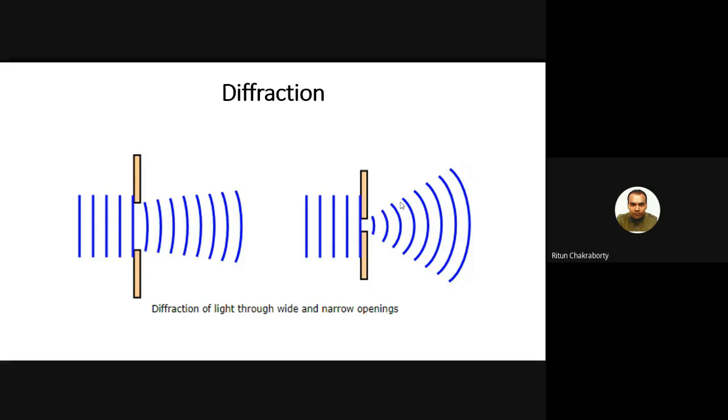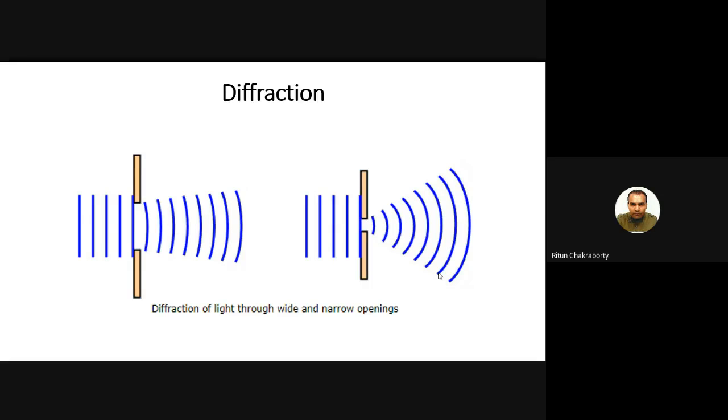Here they are deviating much more from the straight line path, because we know light travels in a straight line, also called the rectilinear propagation of light. So here light waves are traveling much wider than in this case.